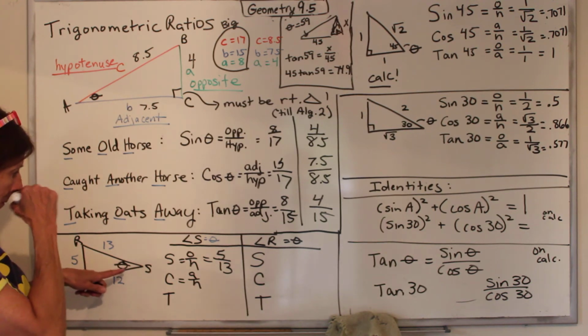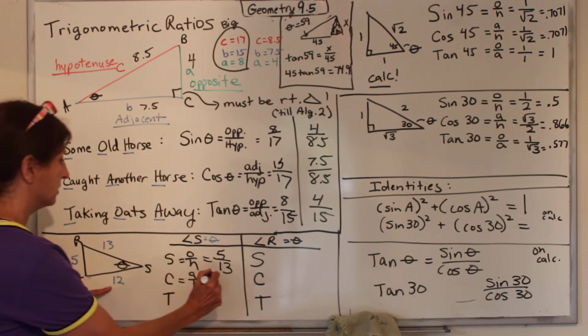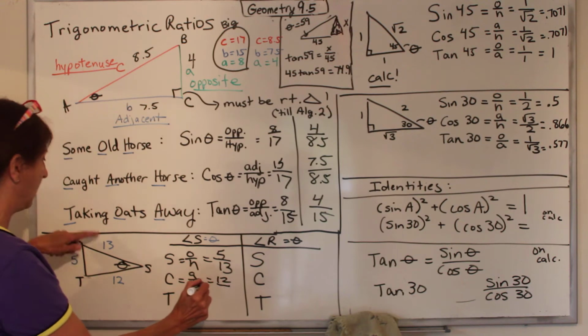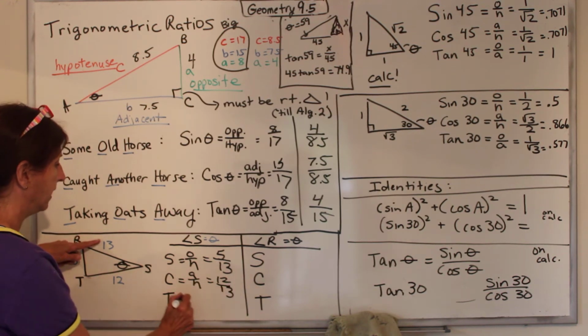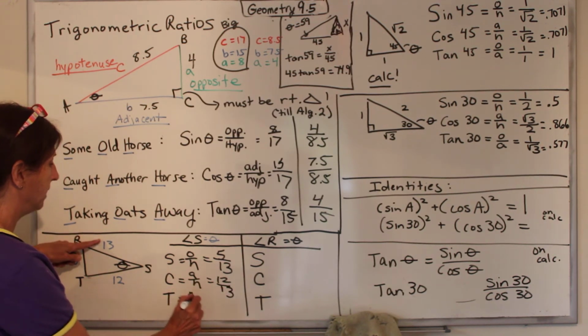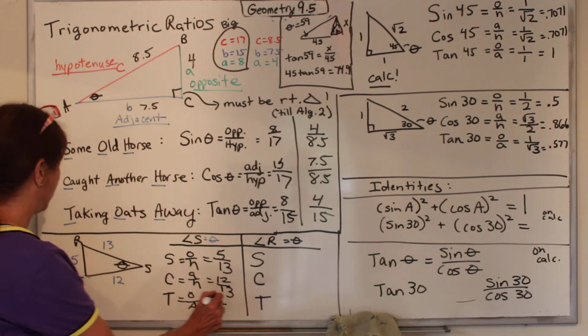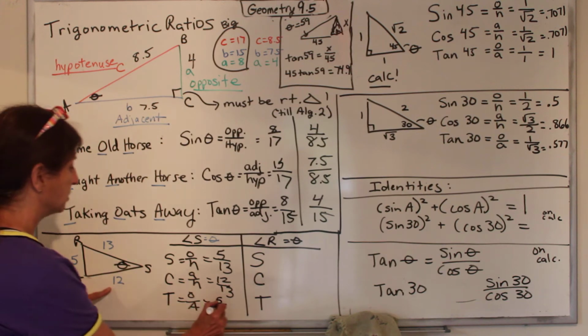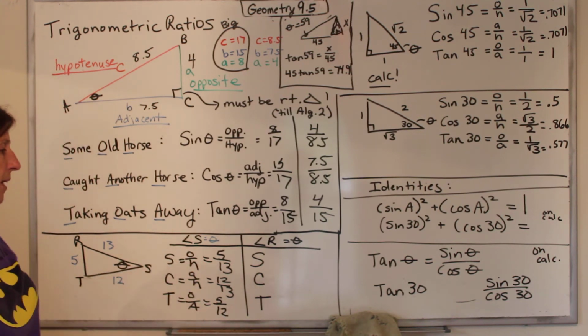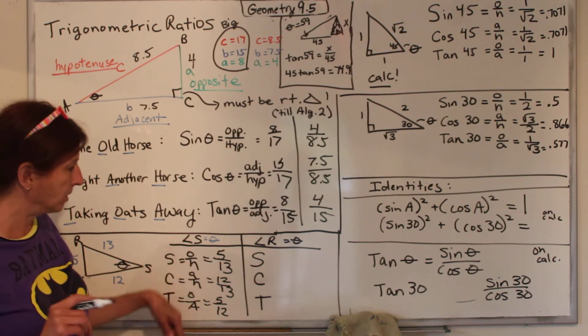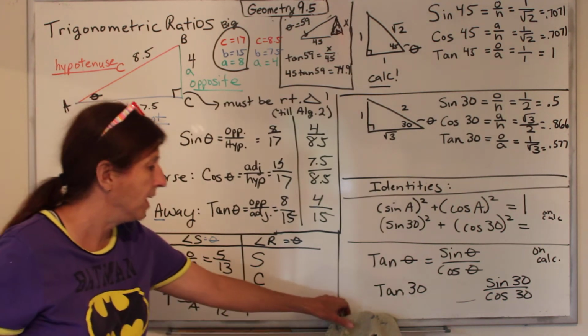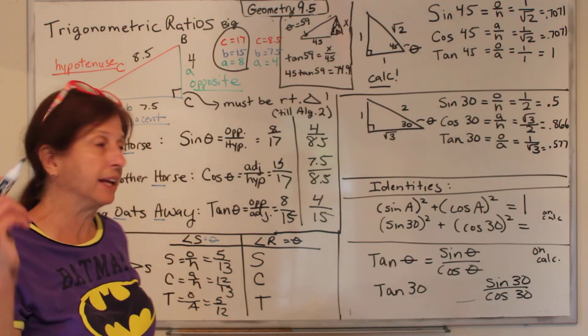So now we want to do adjacent, which is 12, over hypotenuse, which is 13. Taking Oats Away. So now we do opposite is 5 over adjacent, which is 12. So those are my 3 fractions that I'm writing down. And eventually we're going to be able to get the angle from it.